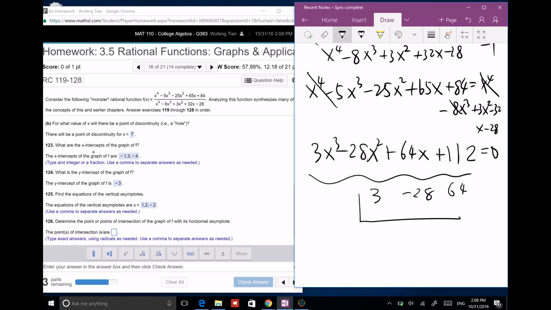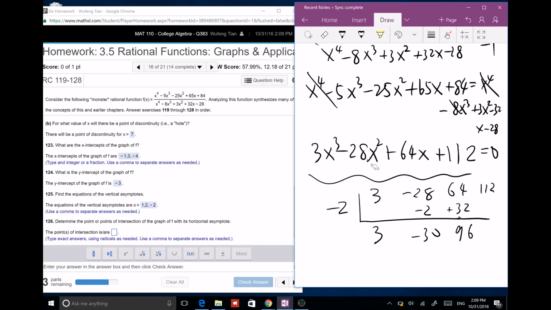64, 112. I think we have to try negative something. Negative 2, 3, negative 2. Okay, negative 30, negative 32, positive 32, 6, 96, it is not working.